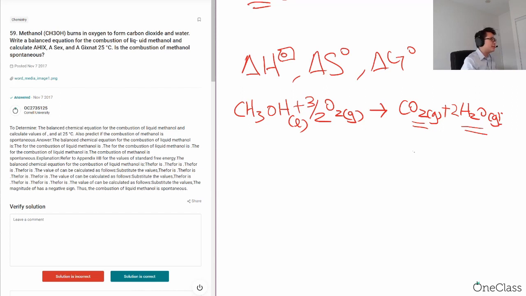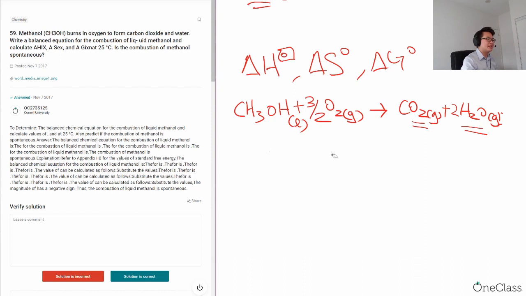Okay, so for this question, obviously another piece of missing information is that we have to know the delta HF, the standard enthalpy change of formation of individual chemical species. Or maybe we have another delta H or delta S, etc. information being given.